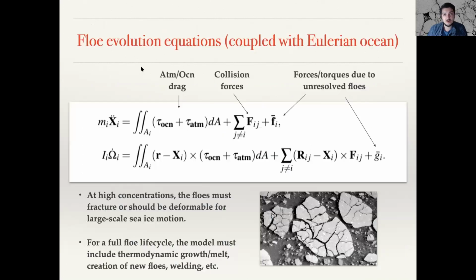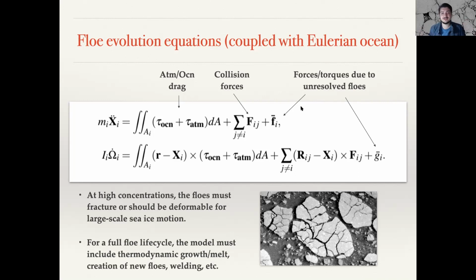What else does the floe model do? It needs to be coupled with Eulerian ocean and atmosphere, because the driving forces are coming from the atmosphere and the ocean, and those models are really not caring about the discrete element features that floes have, right?